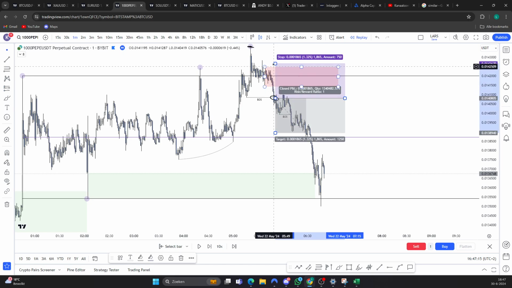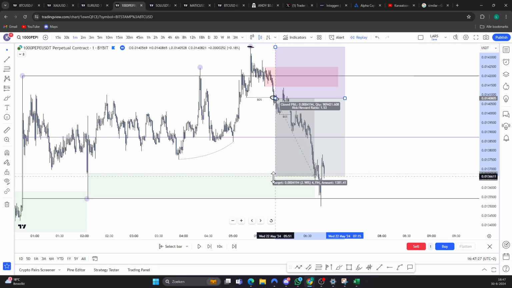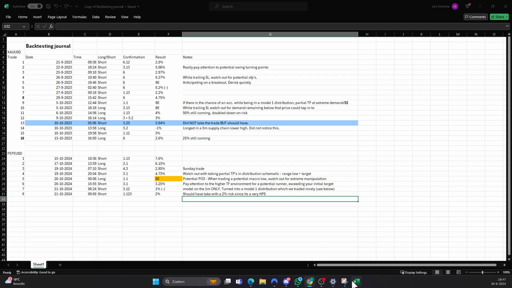Initial entry right here. Around 1.98, and let's round it down to around a 1.6. This is 1.5. Yeah, 1.7. Okay.